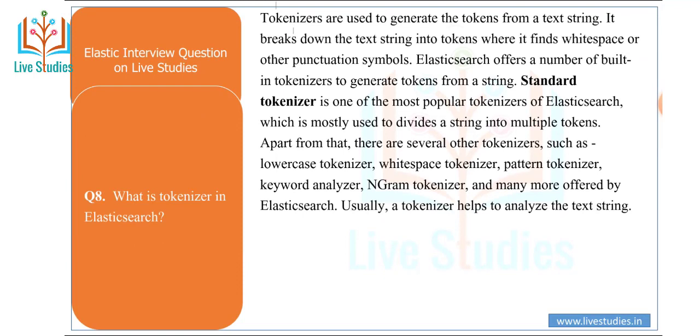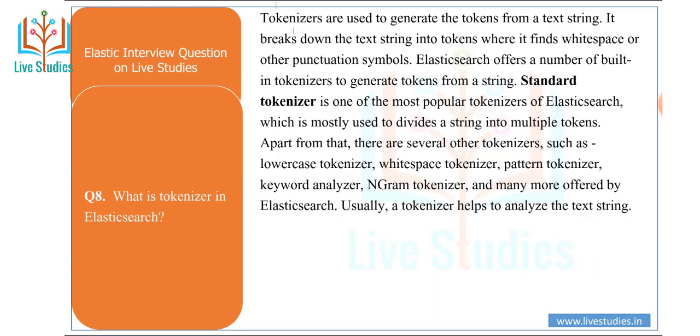Another question is, what is a tokenizer in Elasticsearch? Tokenizers are used to generate tokens from a text string. It breaks down the text string into tokens where it finds white space or other punctuation symbols. Elasticsearch offers a number of built-in tokenizers. The standard tokenizer is one of the most popular, mostly used to divide a string into multiple tokens.